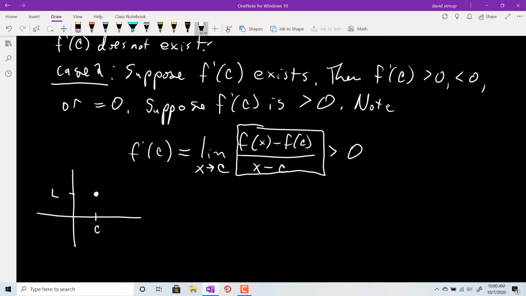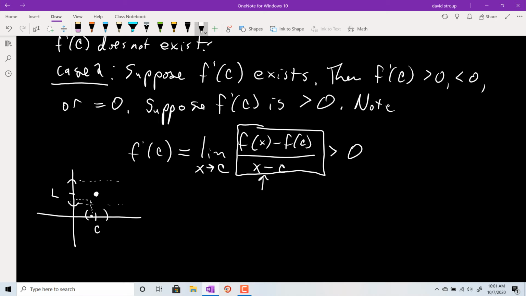From the definition of a limit, I can find an interval around c such that for any interval I want around L, so I'm talking about the delta-epsilon stuff, I can bound this difference quotient away from 0. In other words, I can find a nice interval around c such that for any x in that interval, the output will be greater than 0, because of this limit.